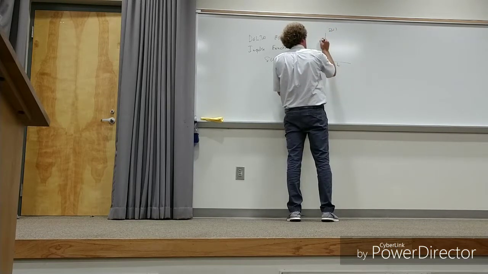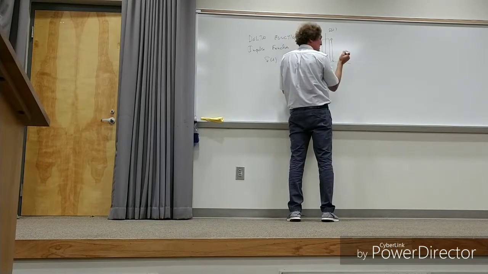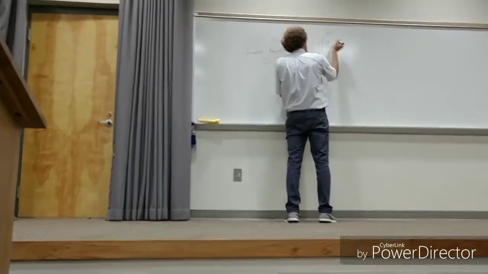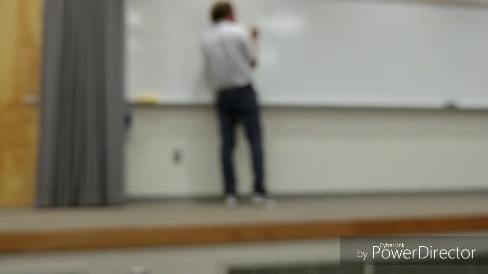If you take something like this, where the height is 1 over delta t, and the width of it is delta t, you'll notice that the area under there is 1. So for this function that has height 1 over delta t and width delta t, the first thing you notice is the area under this thing is 1.